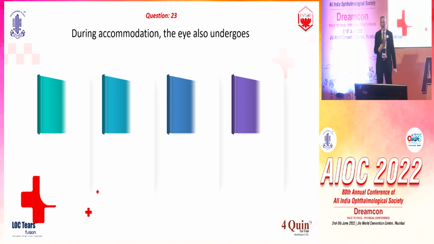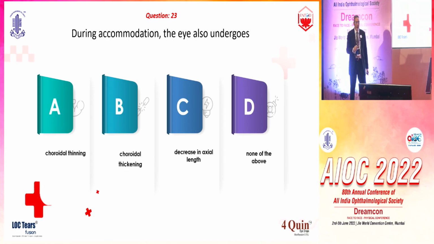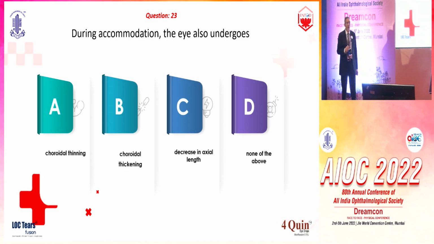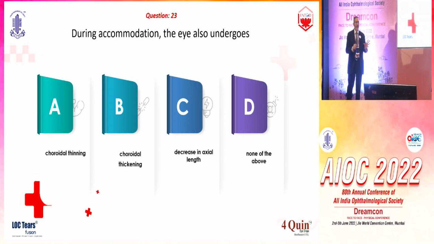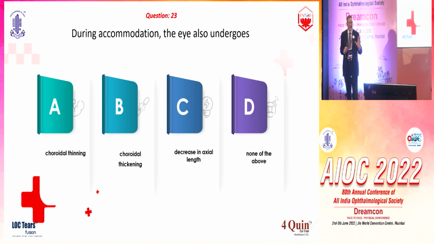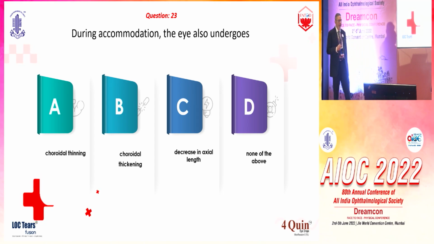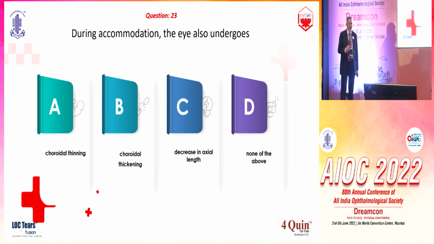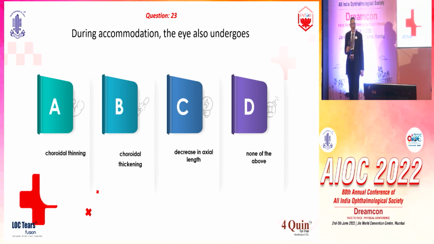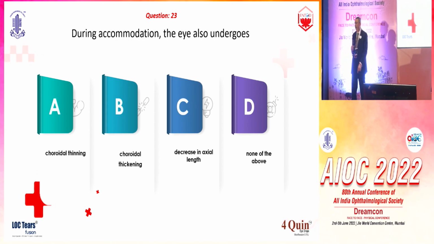During accommodation, the eye also undergoes choroidal thinning, or choroidal thickening, or a decrease in axial length, or none of the above. During accommodation, does the eye actually change or none of the above? I don't think accommodation does too much, so I would have gone for none of the above, but let's start the timer.